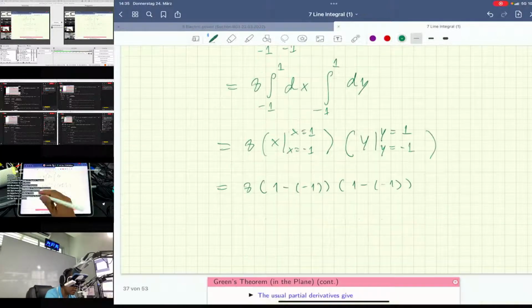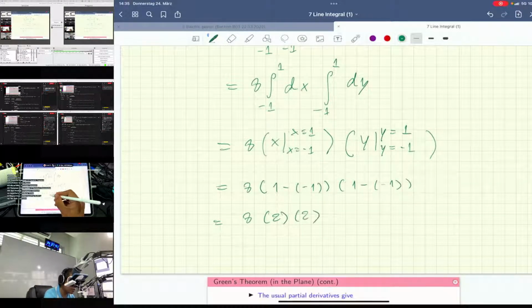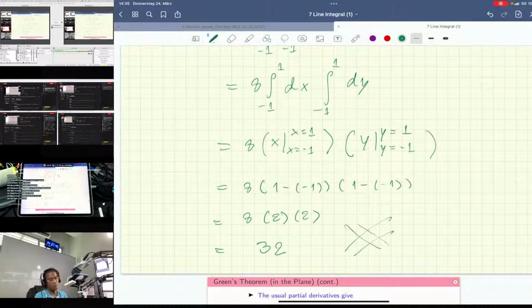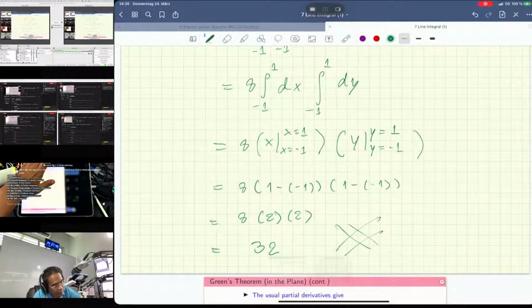It's going to be 2, 2, so it's equal to 32. I'm not sure whether it's correct or not. Let's see what happened.